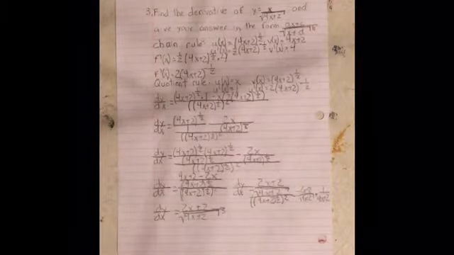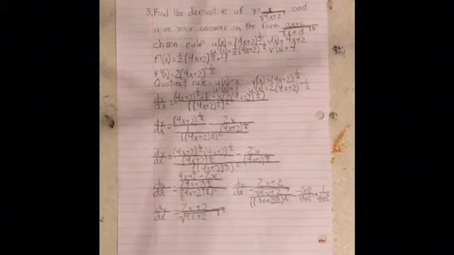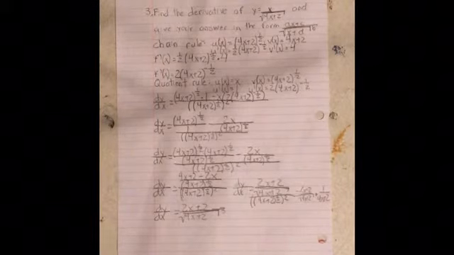Then we use that derivative in the quotient rule, where g of x is 4x plus 2 to the power of 1/2. The derivative of g of x is 2 times 4x plus 2 to the negative 1/2.